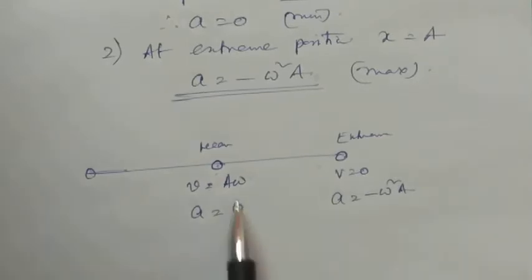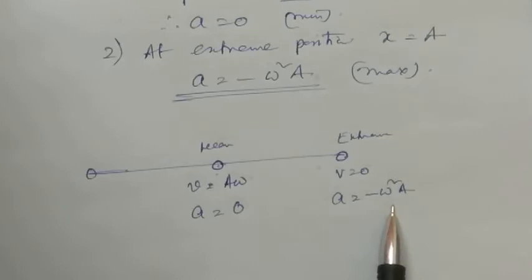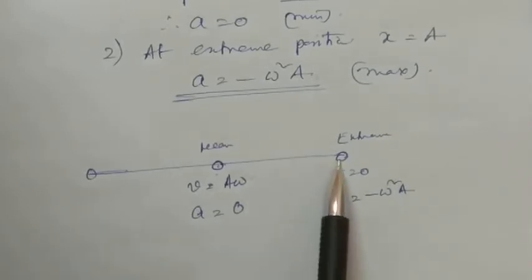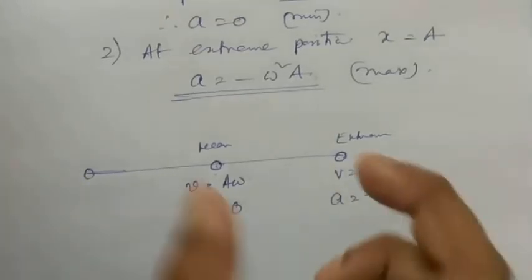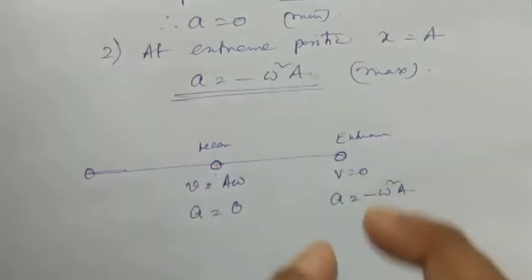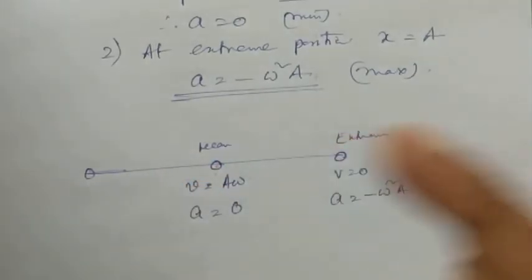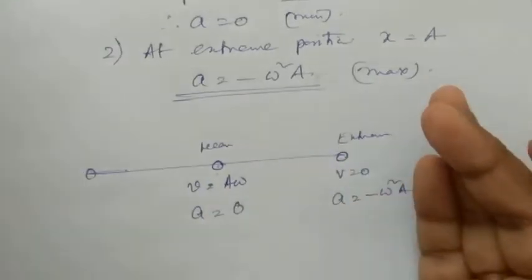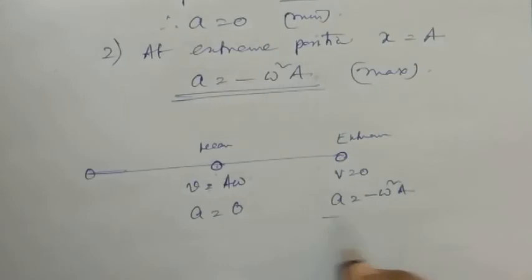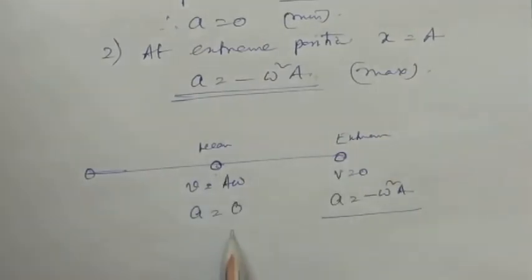That means when the velocity value is 0, we are having the acceleration at the maximum. That means the restoring force, if you can call it, is at its maximum. Mg sine theta, theta is at its maximum, so sine theta is maximum, so mg sine theta is also the maximum value. For the maximum value of force, we can derive the maximum value of acceleration. When the particle reaches the mean position, the acceleration becomes 0.